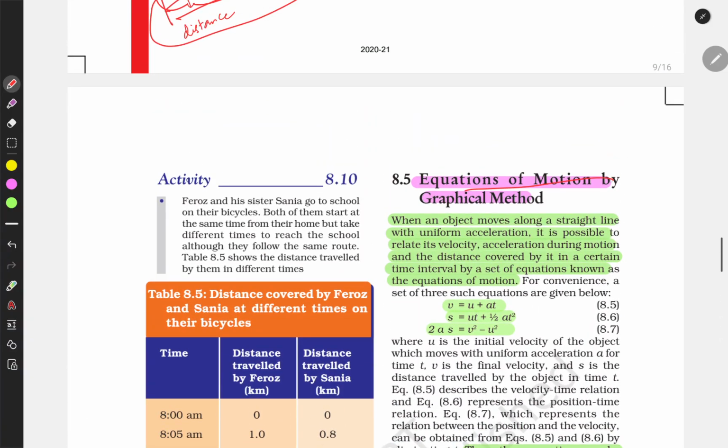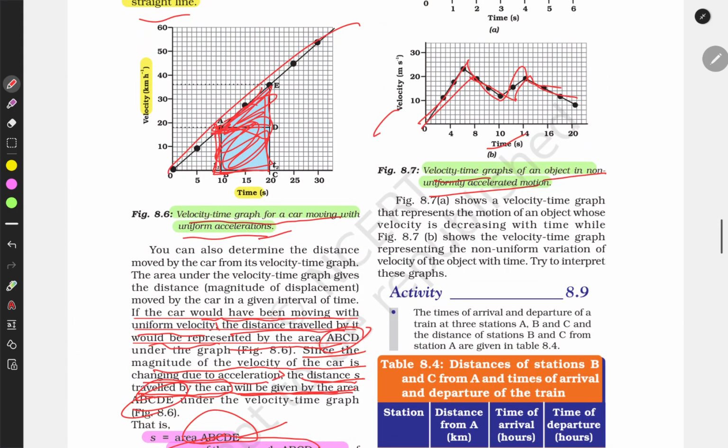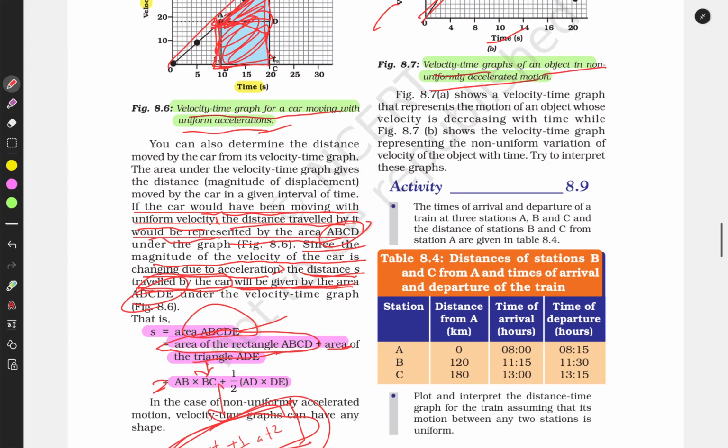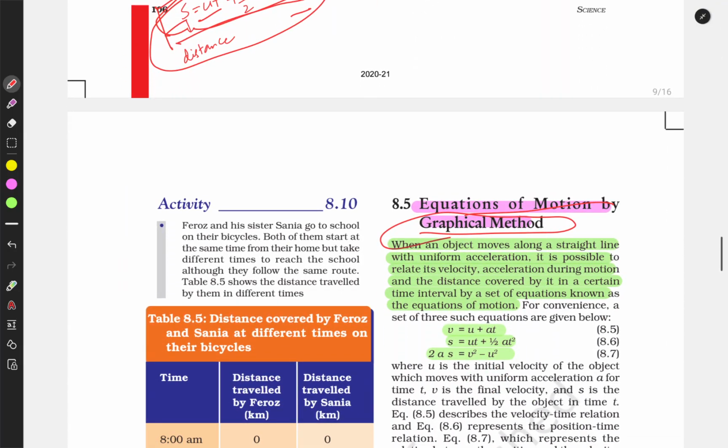Now, equations of motion by graphical methods. So we just studied the different graphs of distance and time and velocity and time. On the basis of this, we have deduced some formulas for uniform acceleration and uniform motion.